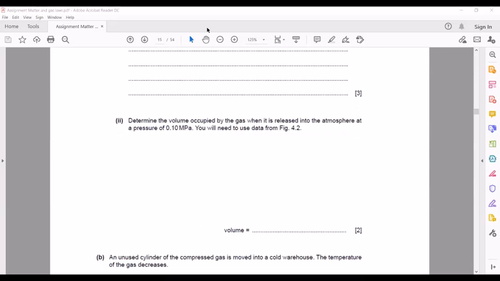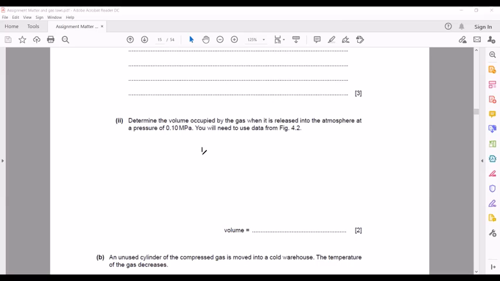Now, determine the volume occupied by a gas when it is released into the atmosphere at a pressure of 0.1 megapascal. You will need to use the data from figure 4.2.